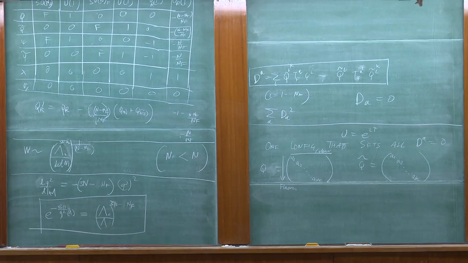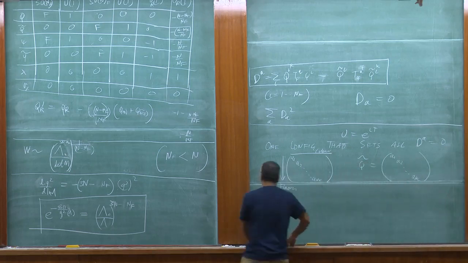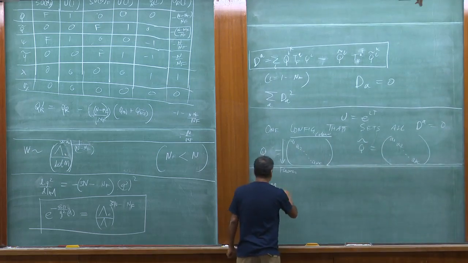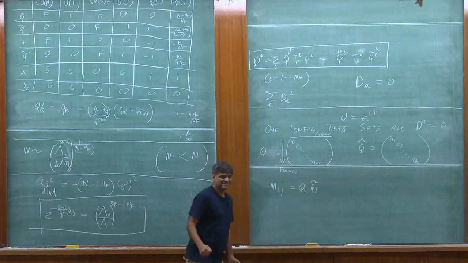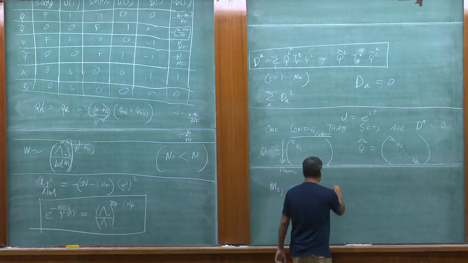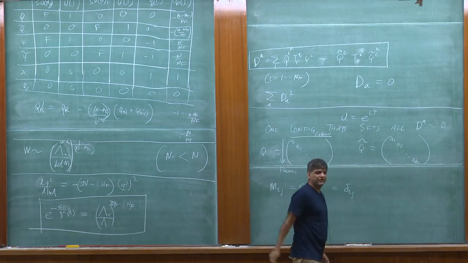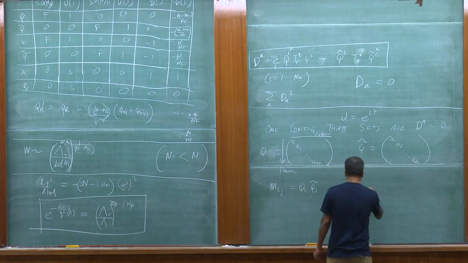On this class of configurations, let us compute this meson operator M_ij, which is equal to Q_i Q_j tilde. It's clear what this is. On this special class of configurations, this is delta_ij times A_i squared.